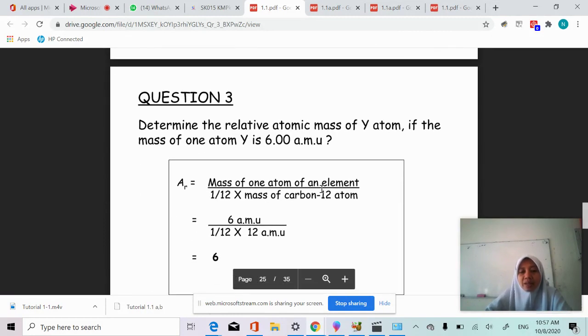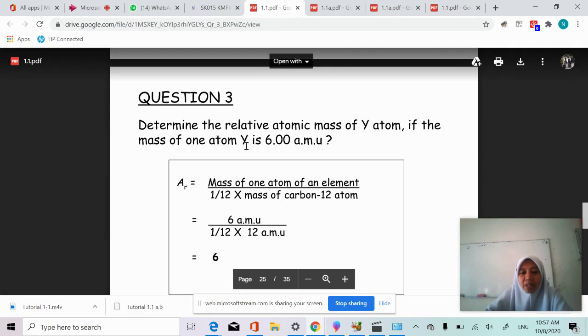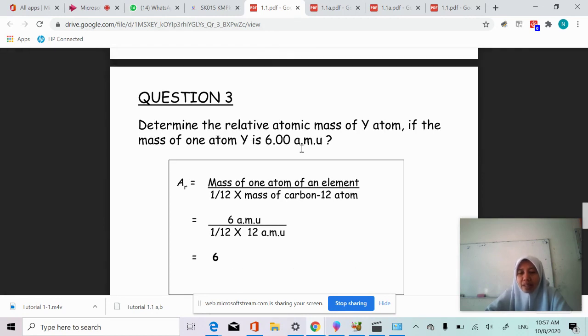It says here, determine the relative atomic mass of Y atom if the mass of one atom Y is 6 AMU. So how do you start? You start by writing the formula. What's the formula? You get it from the previous slide: mass of one atom of an element. Do we know that? Yes, we know it as 6 AMU.